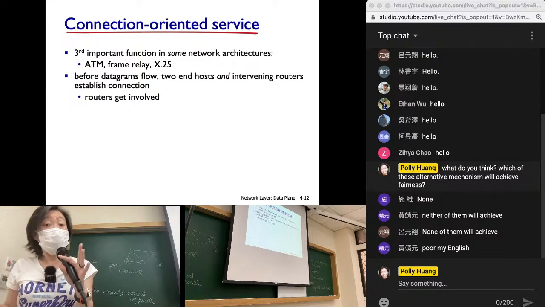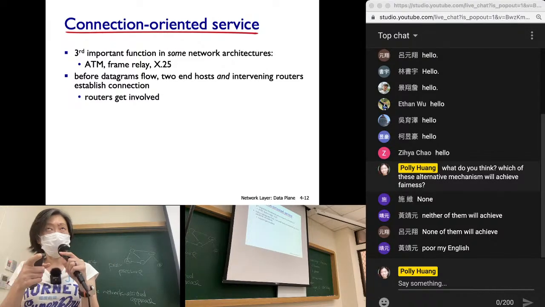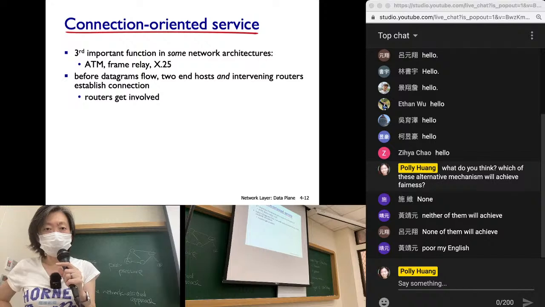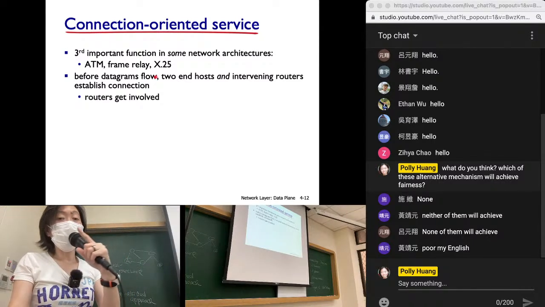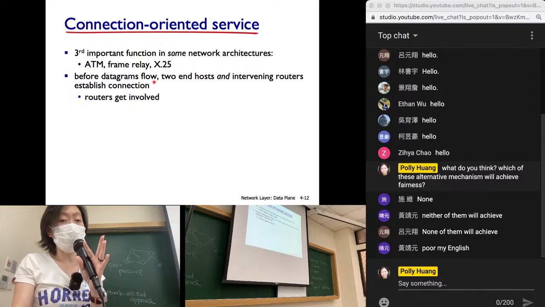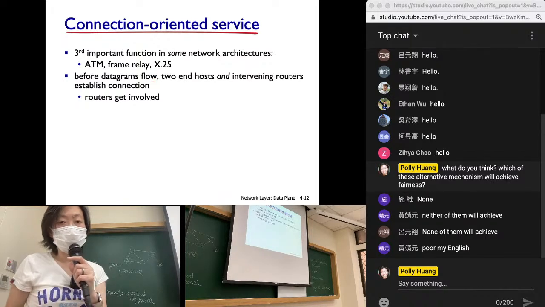They're designed and implemented to some degree, taking this model. So the other way around then, before data can go, the two hosts, as well as the routers in the middle, need to establish a connection first. So routers are involved before setting up something.